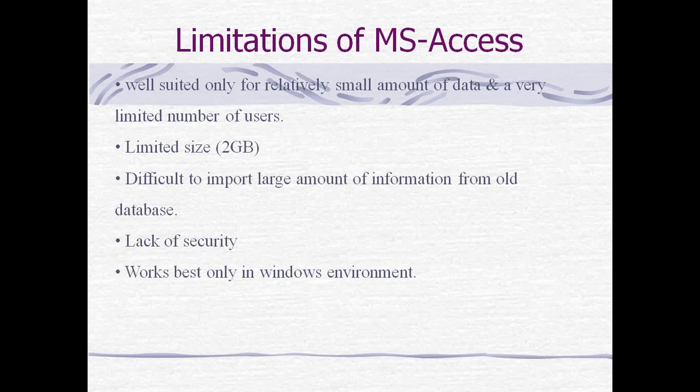There are other examples of RDBMS, like Oracle and SQL Server. SQL Server and Oracle have powerful security mechanisms. Compared to those RDBMS software, MS Access is a bit lower in security. MS Access lacks in security mechanism compared to other RDBMS software.